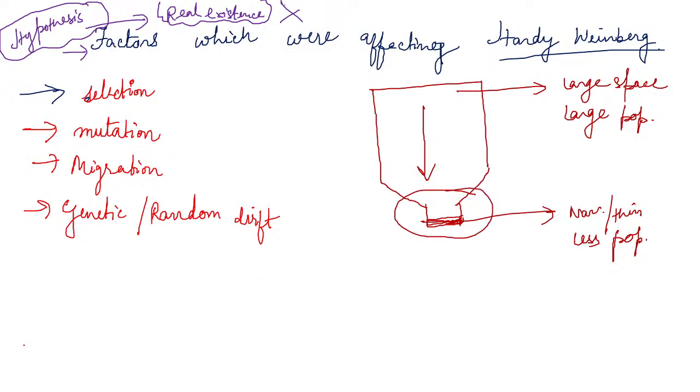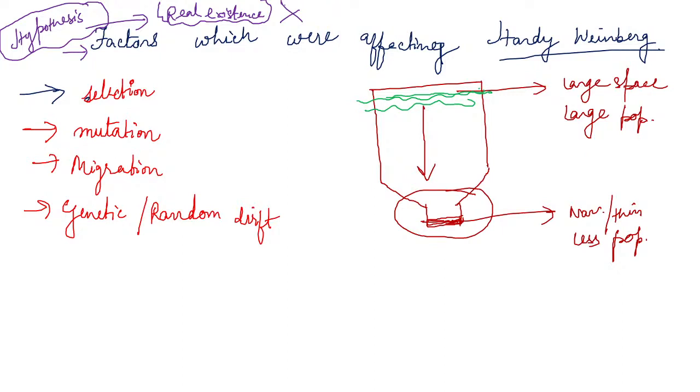Why can we find less density at the neck region? Because at a time there was a lot of people, a lot of population, a lot of organisms, when it was a closed population.